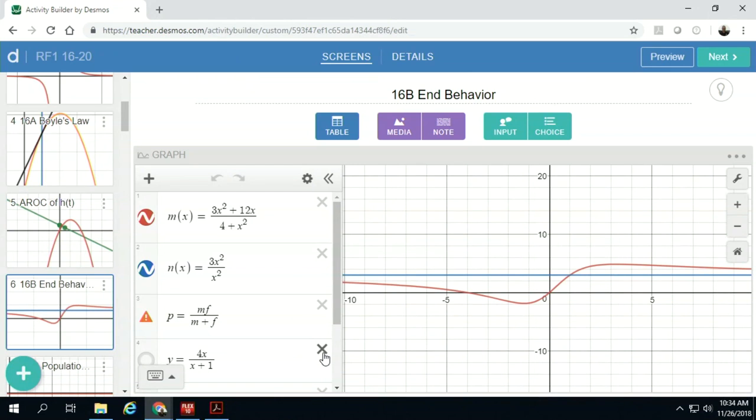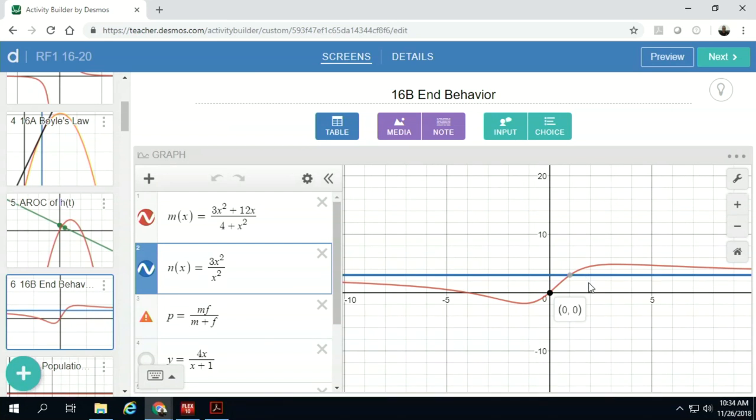So I graphed them both. And if you notice, the second one, we don't have a hole there. In the first one, as we get closer and closer to 0, it became undefined.